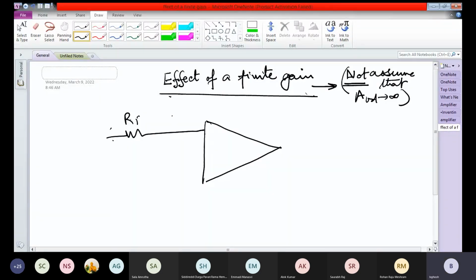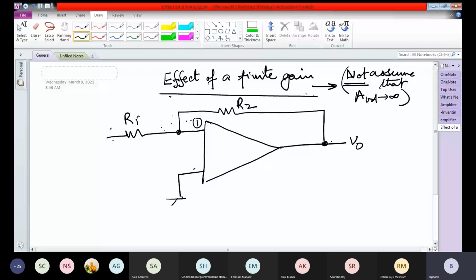a resistance R1 connected to terminal 1. The inverting amplifier configuration, which we wrote, R2. And this is V0. And this is connected to ground.